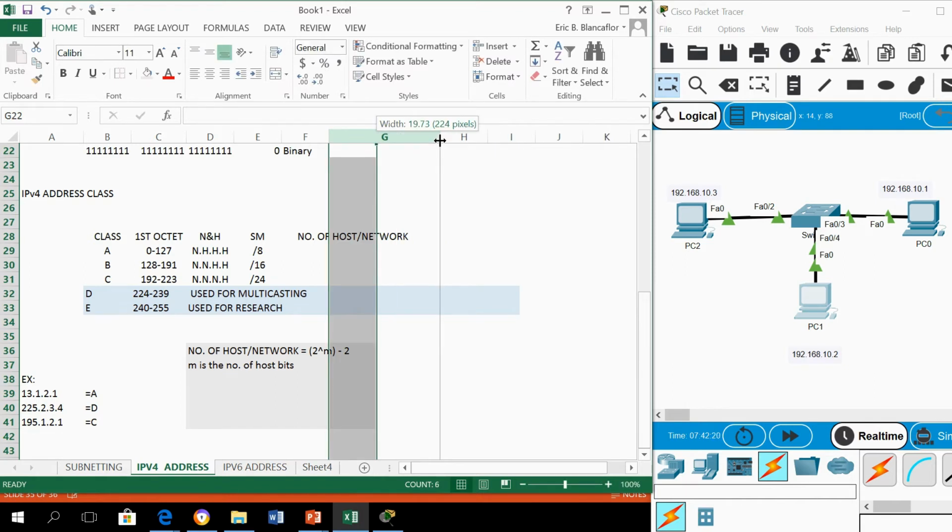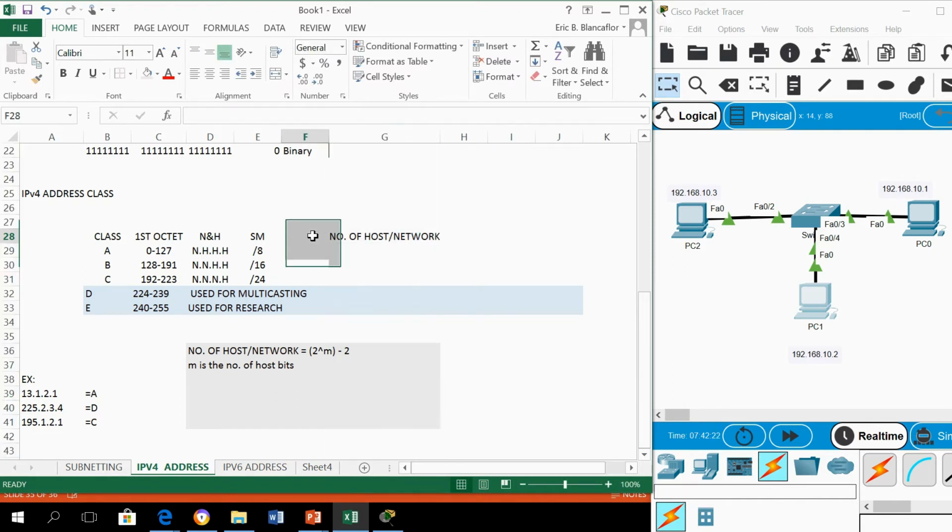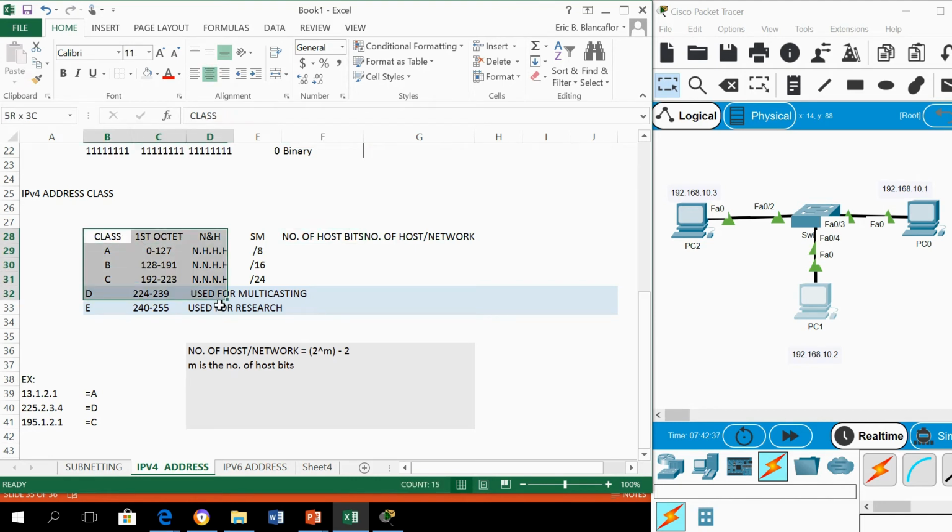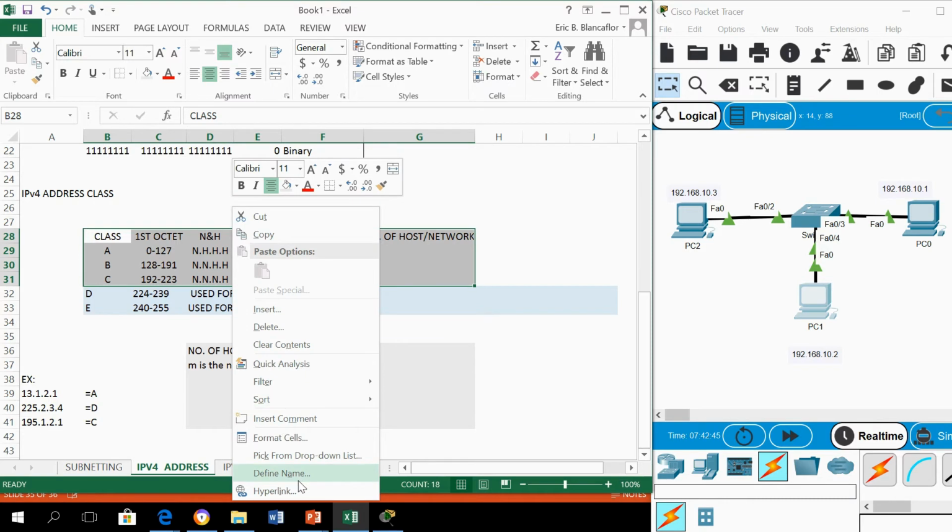Its basis is the number of host bits, if you notice. Number of host bits. I'll add some borders for us to easily see what's going on.